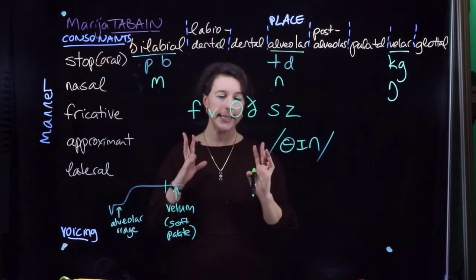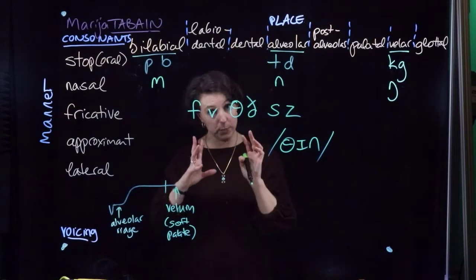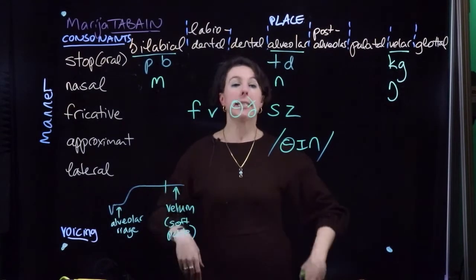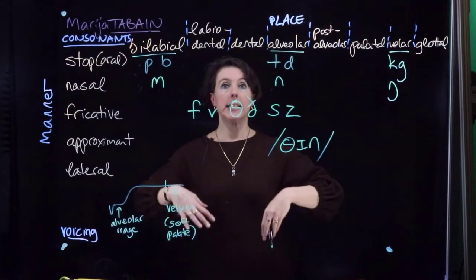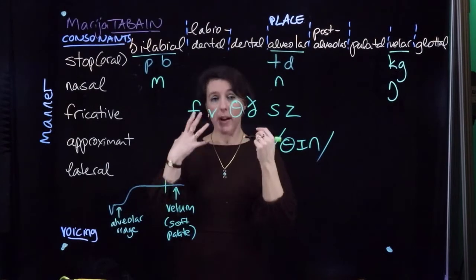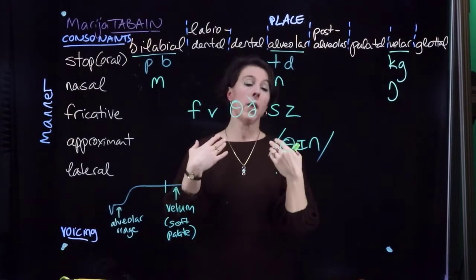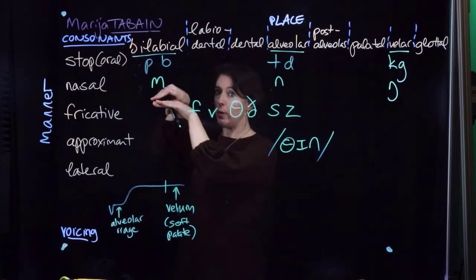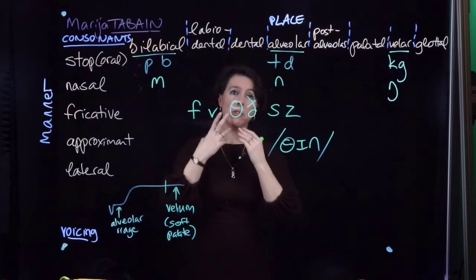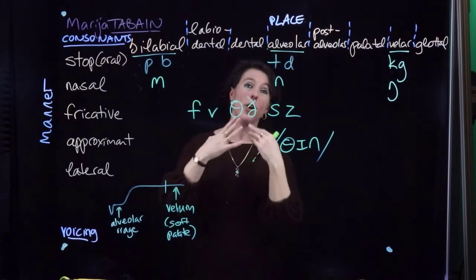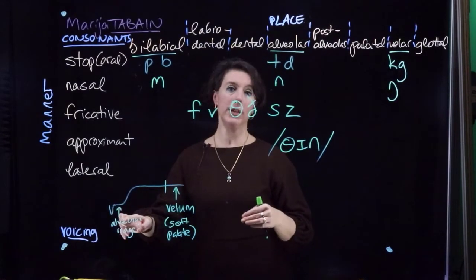I want you to say s and then stop saying it, hold the tongue position and breathe in. And hopefully, you should feel that there's a very narrow groove along the tongue, really narrow. And you should feel cool air along that narrow groove. And you should also feel cool air at that alveolar ridge, okay?